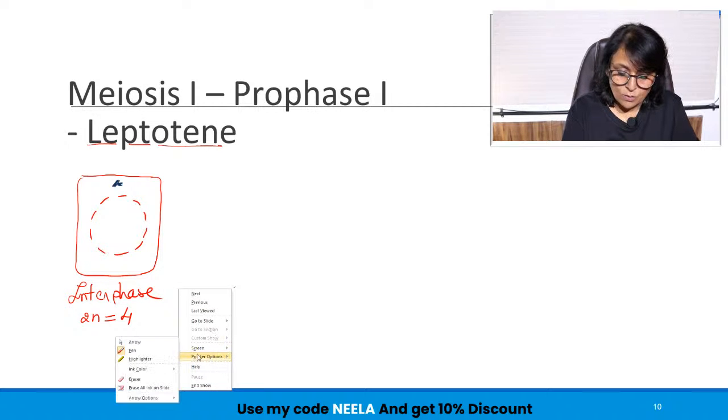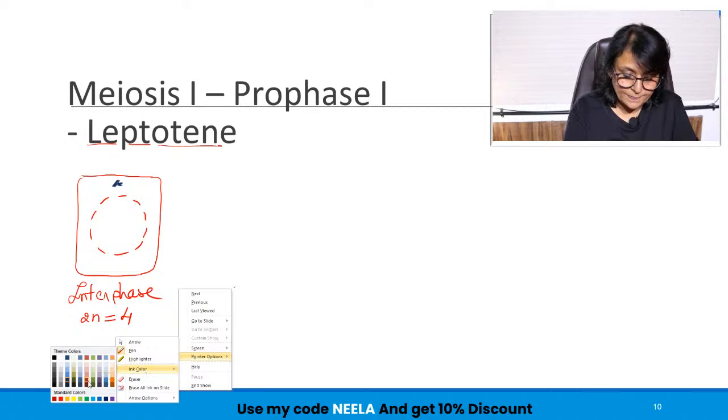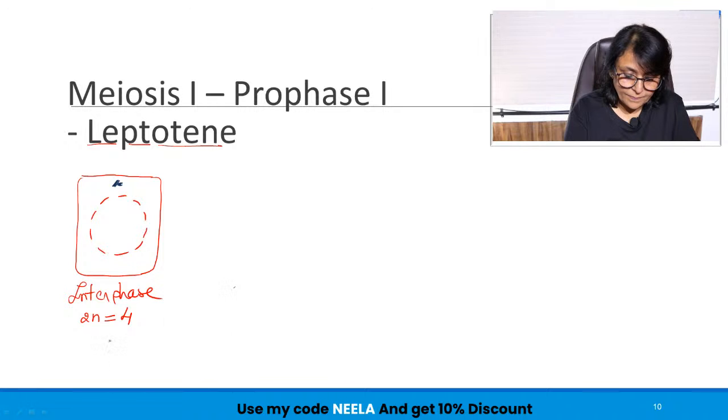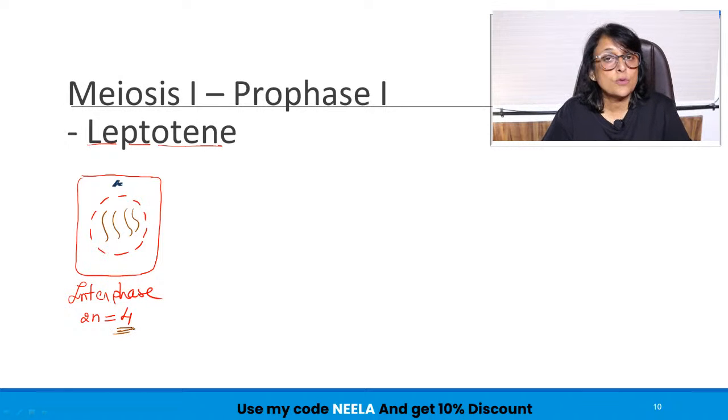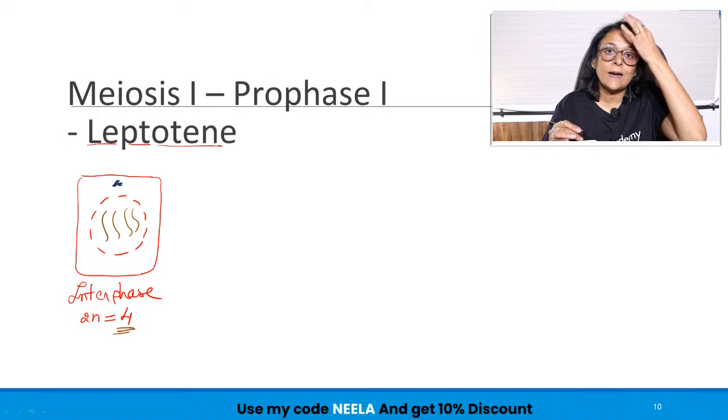Let us make the chromatin fibers here. So 1, 2, 3 and 4. This is the 4 chromosome that we are talking about. Now instead of chromosome, they are visible in the form of fibers. All the processes, changes will start now.